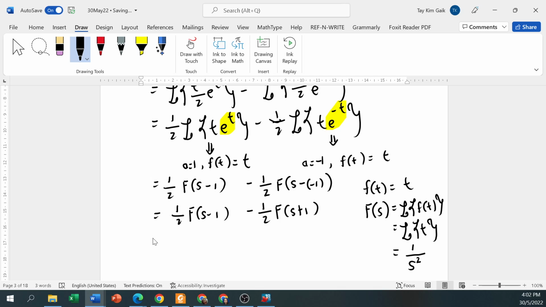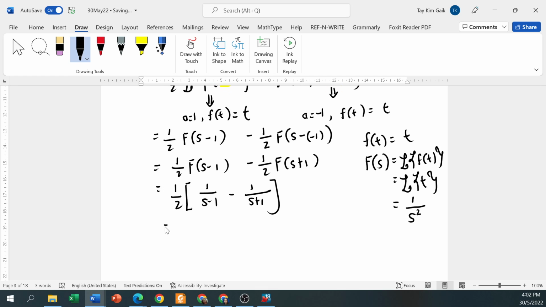So F(s minus 1): you can factor out half, and s is replaced by s minus 1. In the second term, s is replaced by s plus 1.